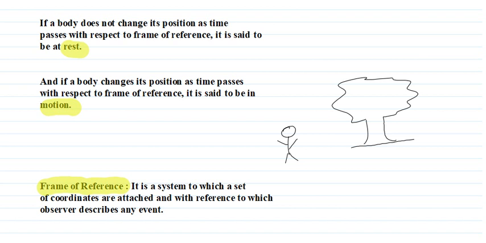He sees the tree, and in his observation the tree is not changing its position. So he observes that the tree is in the state of rest.